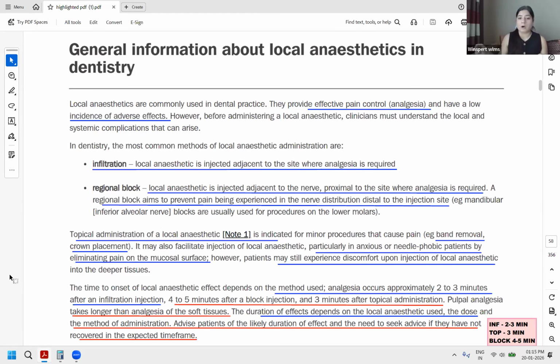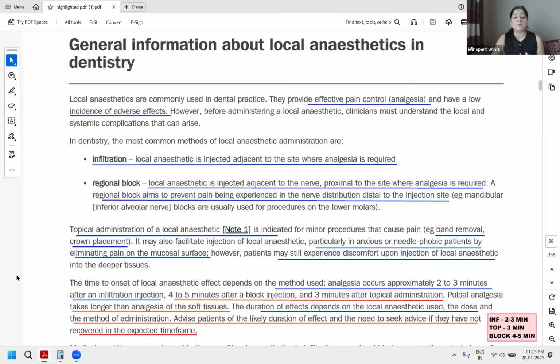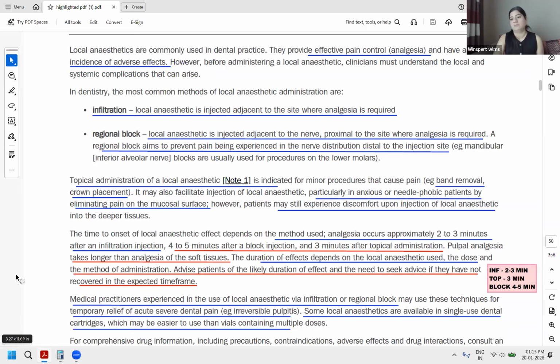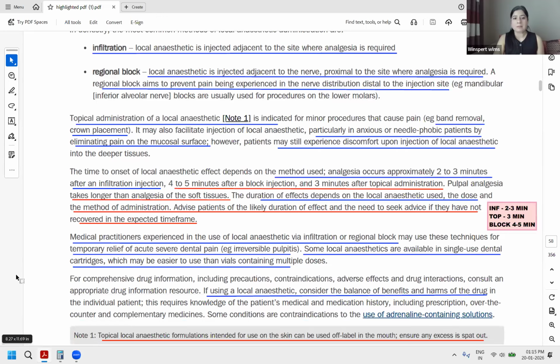Whereas the regional block is actually given adjacent to the nerve, where the nerve is present, and it provides analgesia distal to the site of injection. Wherever the entire nerve distribution goes, the anesthesia is achieved on all those teeth. For example, if you want to work on the mandibular molars, you would require an inferior alveolar nerve block, right?